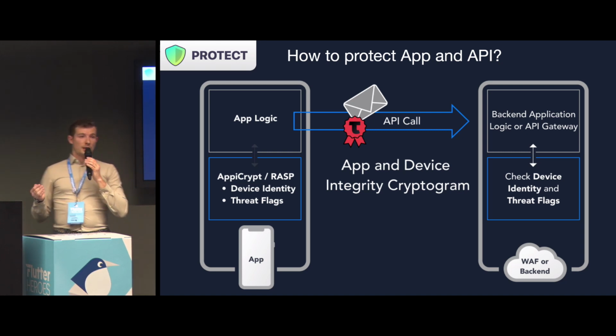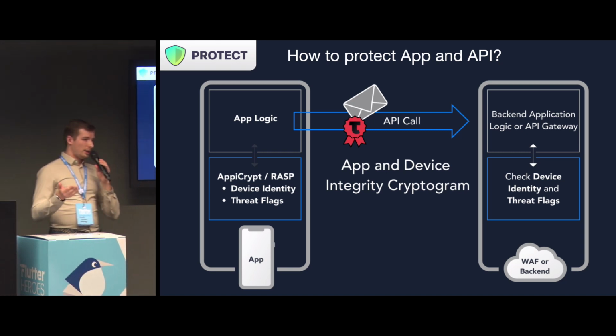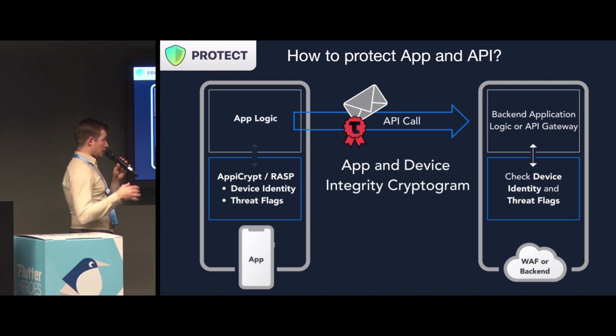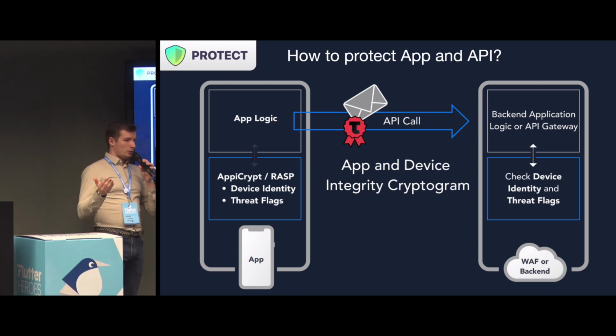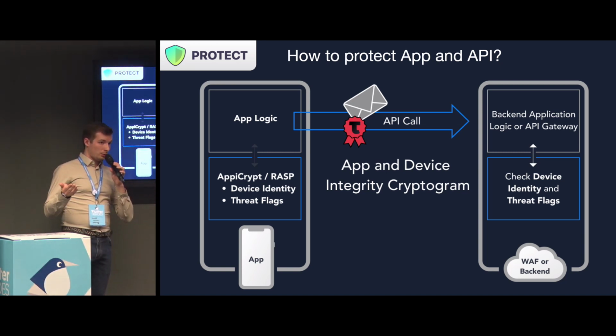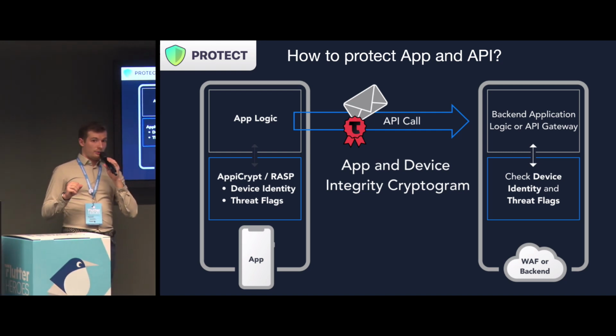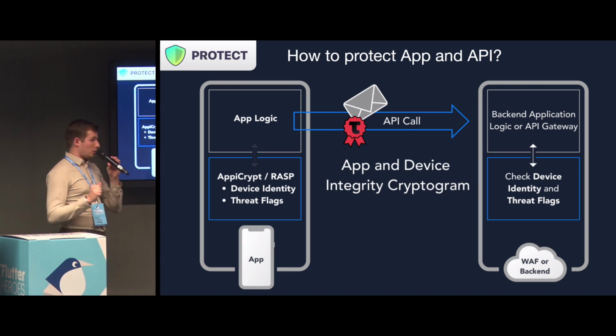This is very important because otherwise you could accept calls from botnets or impersonated users. I think this is quite a new approach, and everyone should know about this technology. So this is a way to ensure that your backends stay protected.